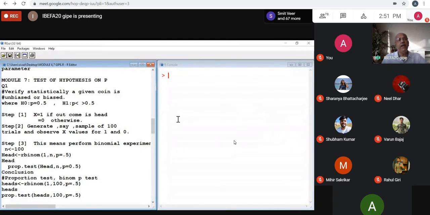So I am sitting with a coin, suppose. I want to know what is the chance of getting head. So if it is unbiased, 0.5 is the probability. Otherwise, it is different from 0.5. That is the hypothesis. You are also sitting with a coin that is different from mine.